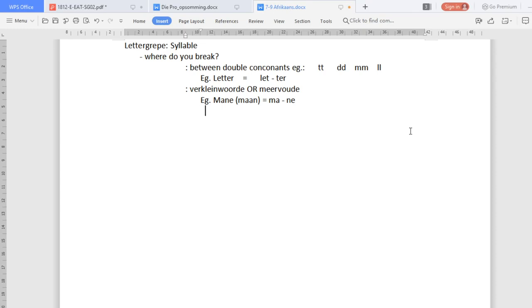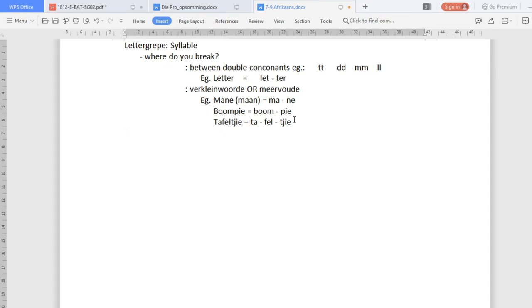Okay. Let's say boompie. We say boom and pie. Tafeltjie. Okay, tafeltjie are two syllables already. So the diminutive, die verkleinwoord, stands by itself.